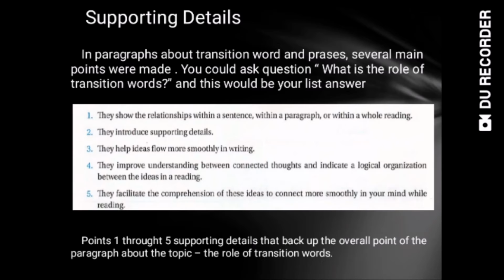They help ideas flow more smoothly in writing. 4. They improve understanding between connected thoughts and indicate a logical organization between the ideas in a reading. 5. They facilitate the comprehension of these ideas, connecting more smoothly in your mind while reading. Points 1 through 5 are supporting details that back up the overall point of the paragraph about the topic, the role of transition words.